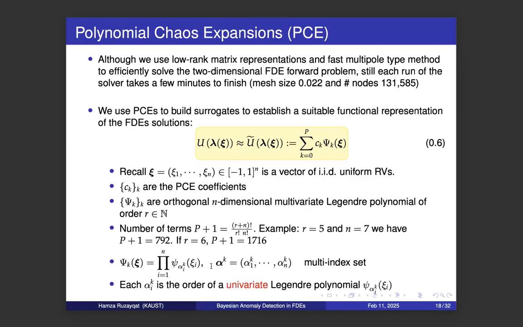So in fact, computing these orders is not easy, and there have been studies on how to do that. We consider an algorithm from a certain book, where for each k, we compute these alpha_k's, the orders of these univariate polynomials, in a tensorized way.